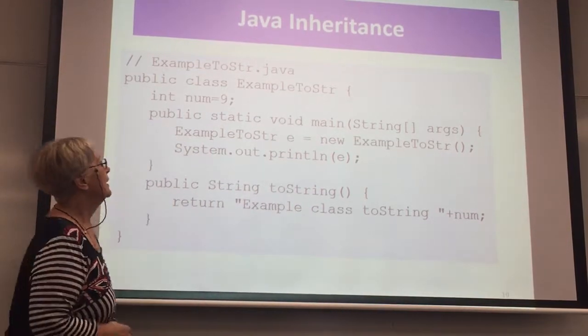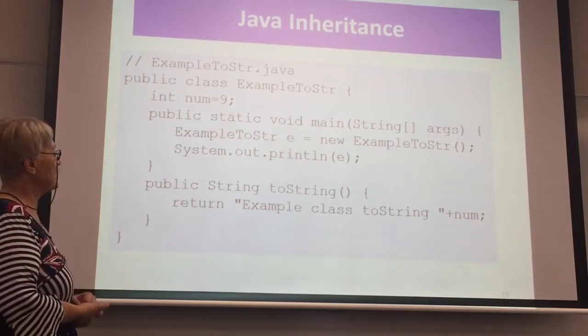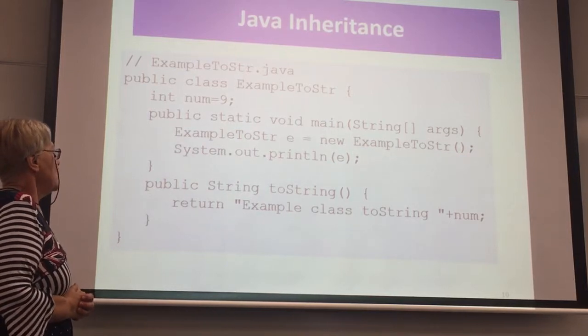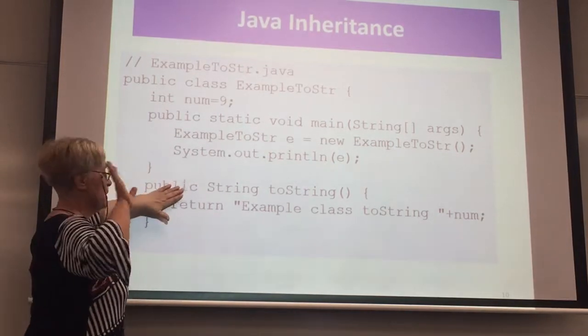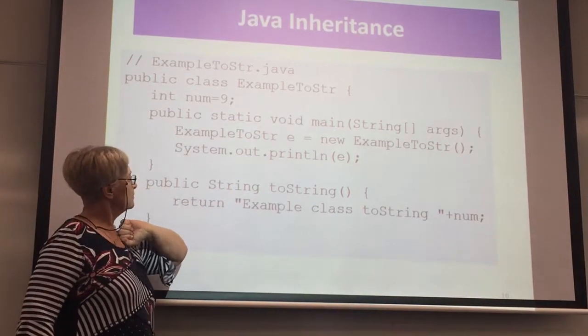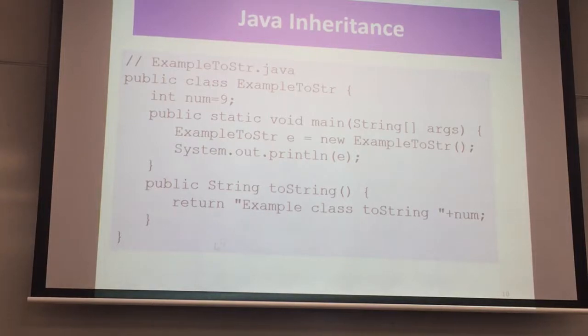It doesn't work in Sci-T, but if you use CPP shell, it's available. Anyway, as you can see, it always has to be public and return a string. Very simple concatenation. And you will see how to call the parent class toString method, for example.